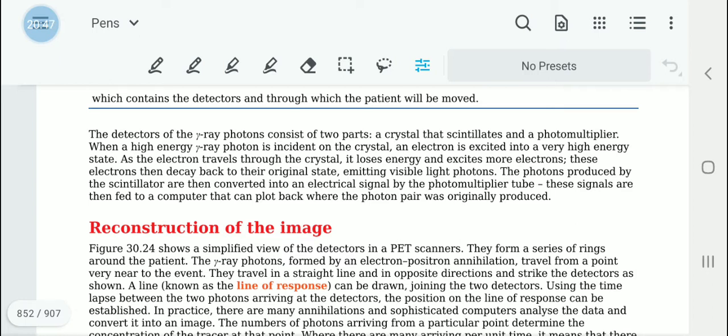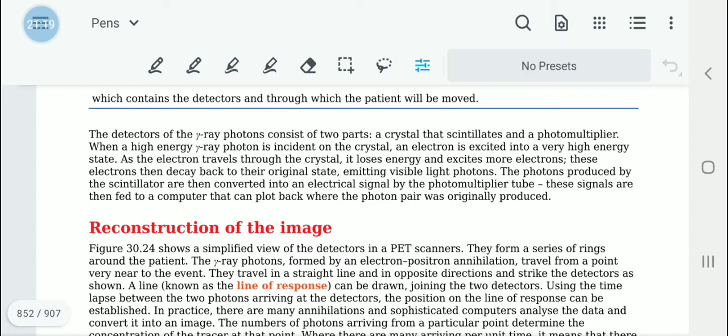When the gamma ray photon is incident on the crystal, it excites an electron to a high energy, which would go through the crystal, making other electrons excited too.